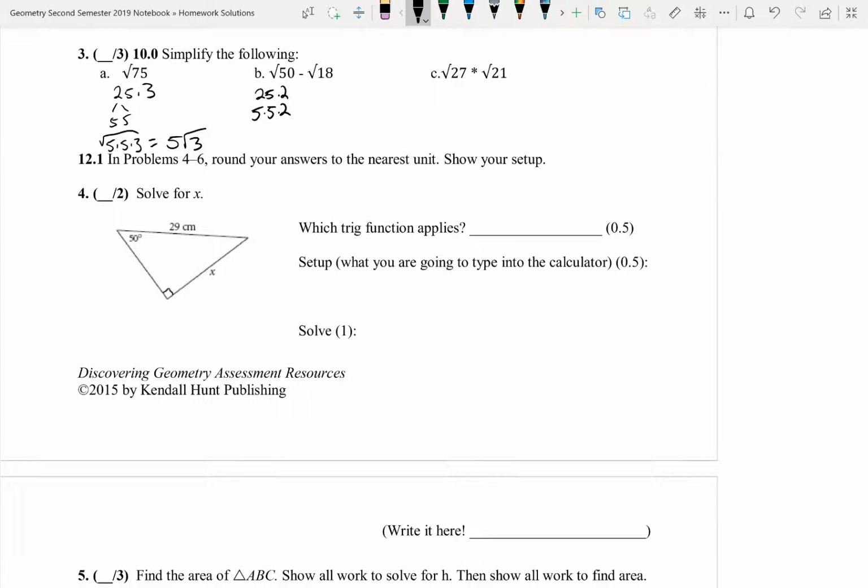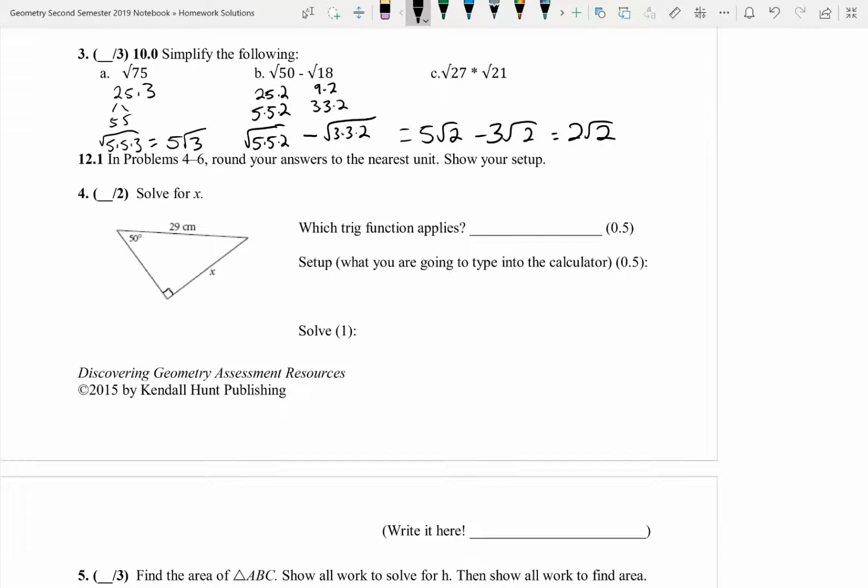And so that's going to be the square root of 5 times 5 times 2 minus, and this is 9 times 2, 3 times 3 times 2. So that's 3 times 3 times 2. And so, since there's two 3's, I can take, and there's two 5's, right? So that's 5 root 2 minus 3 root 2, which is equal to 2 root 2.